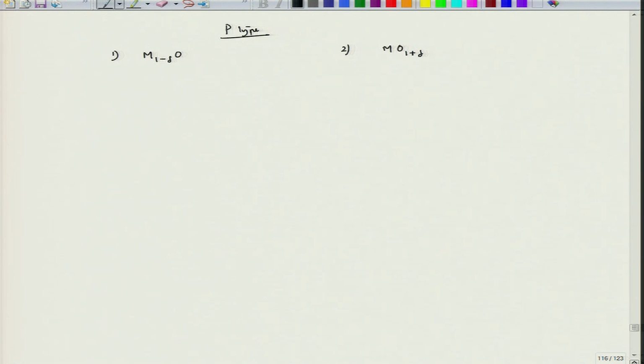Now, if I try to see their structure, the classic example of the first one is iron oxide or nickel oxide, which can be written as Fe1-δO or Ni1-δO. So, these are metal ion deficient oxides. Let us draw a simple model: the cross is metal ion and the circle is oxygen anion. So, this will be the distribution.